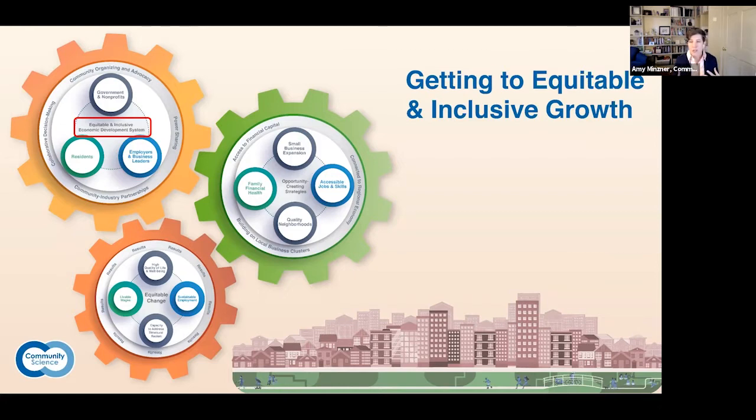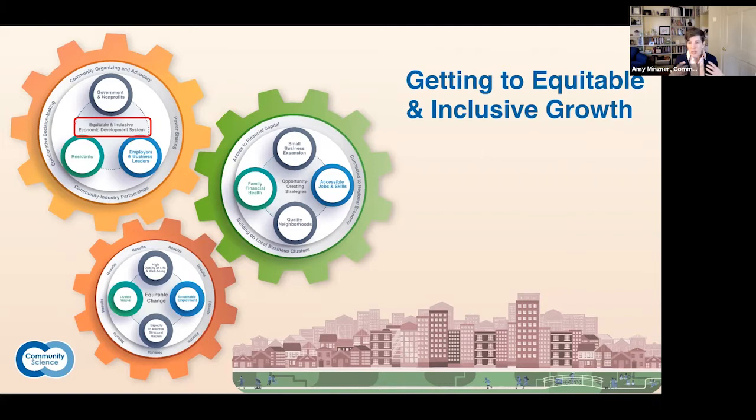And so really giving them a seat, not just a seat at the table, but a decision-making seat at the table. And the outer ring talks about some of how that's done, that there truly is not only community and industry partnership, which I think everyone agrees is the best practice for economic development, but also community organizing and advocacy and power sharing.